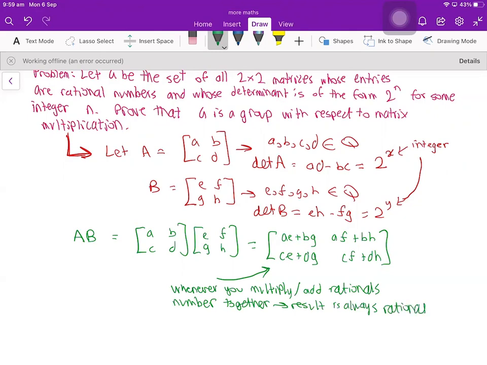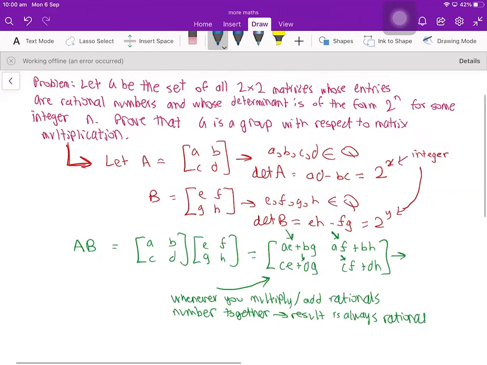In this case, the letters A, B, C, D, E, F, G, H are all rational, so any combination of adding and multiplying them will be rational, which means all 4 of these numbers, AE plus BG, AF plus BH, and so on, are rational. So the first test for matrix AB being in the set is passed: all 4 entries are rational.